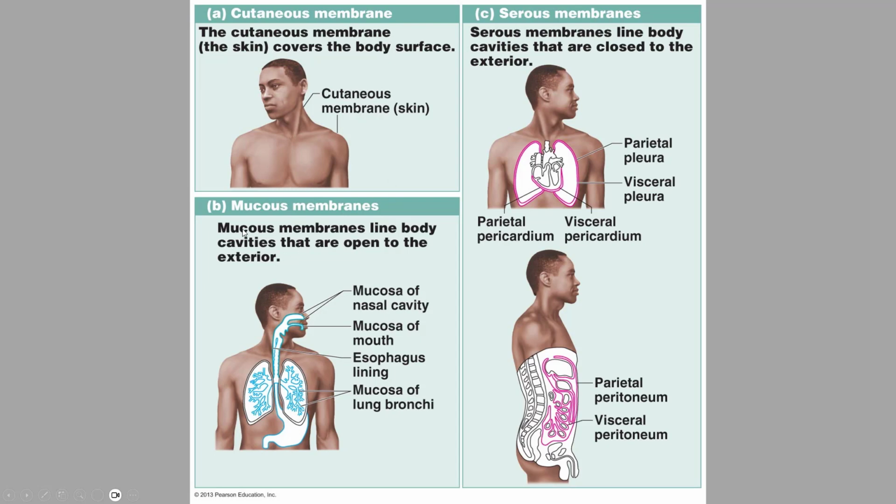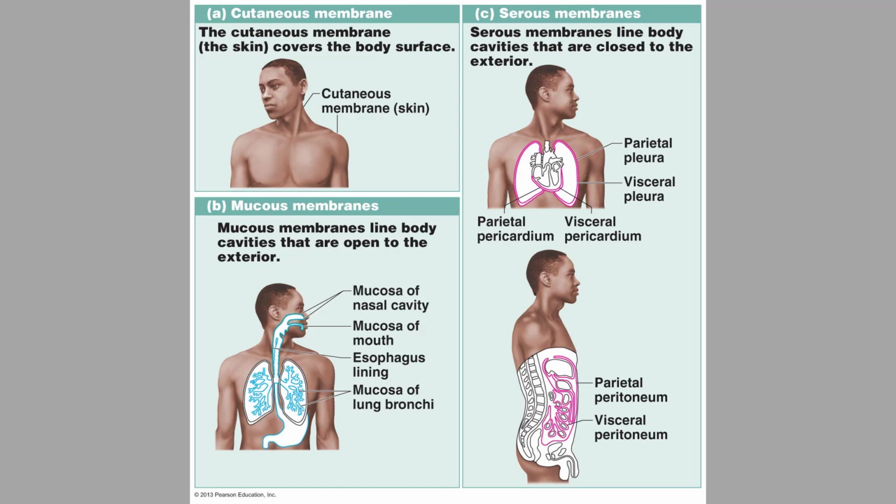Next, mucous membranes line the body cavities. So things like the inside of the nose, the inside of the mouth, the inside of the digestive tract, the inside of the lungs. And finally, serous membranes, which we talked about back in Chapter 1.